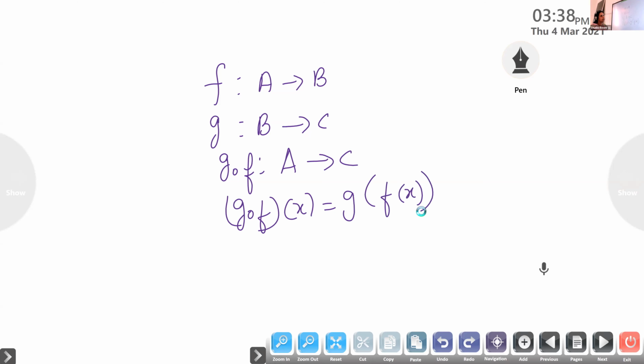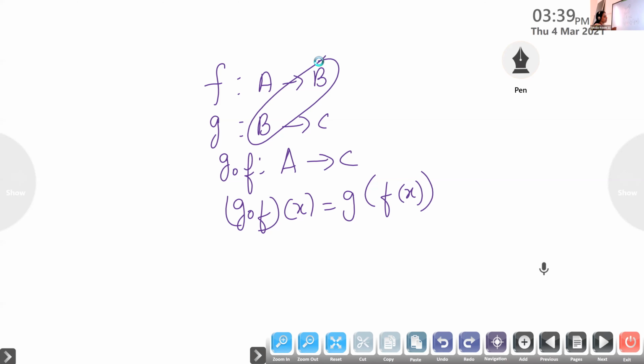So let f from A to B and g from B to C be two functions. Then g composition f is a function from A to C. Listen, children, here the codomain of the first function will be the same as the domain of the second function.